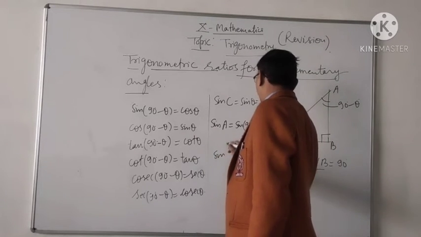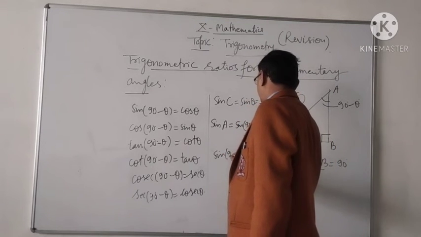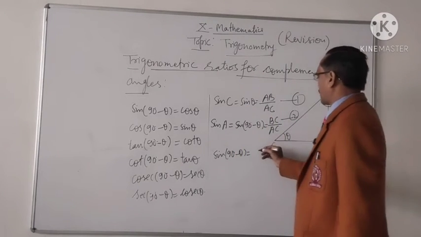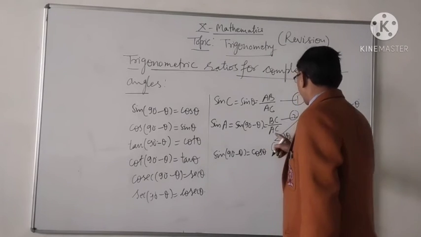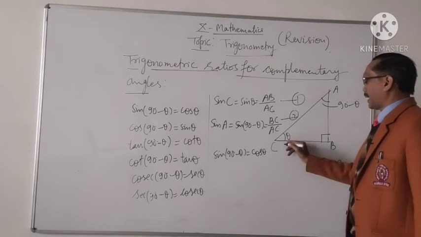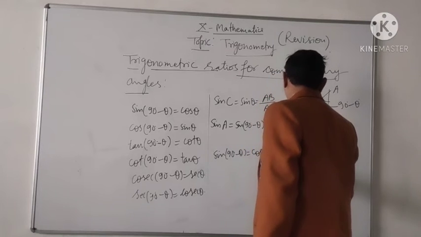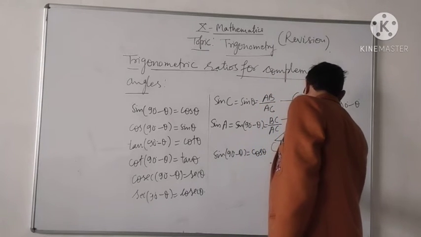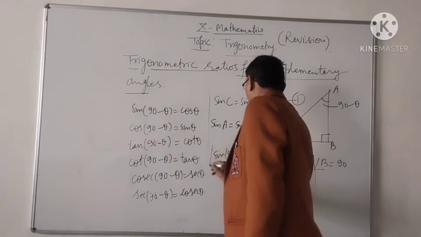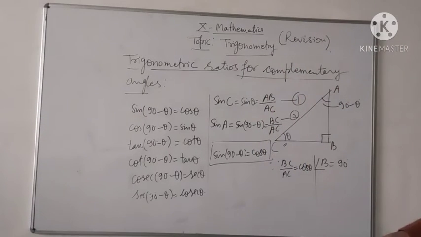Student, BC upon AC is cos theta for angle theta. Since BC upon AC equal to cos theta, therefore we can write sin 90 minus theta equal to cos theta.